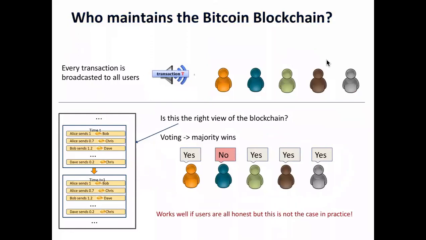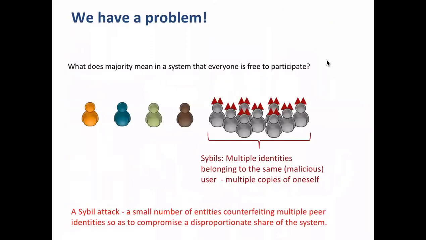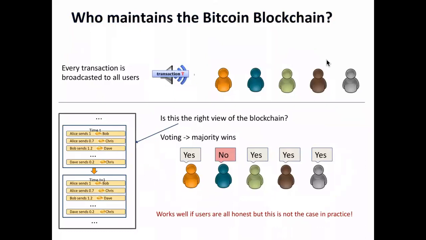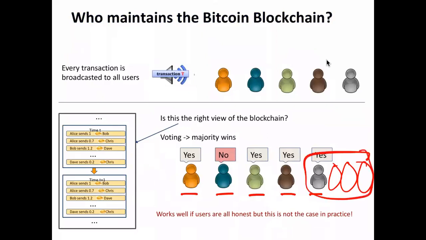Same concept which we discussed earlier. Now there is a challenge here. For example, I can create multiple identities of myself, because nobody can stop me, right? I can create 100 entities of myself and then participate in voting.